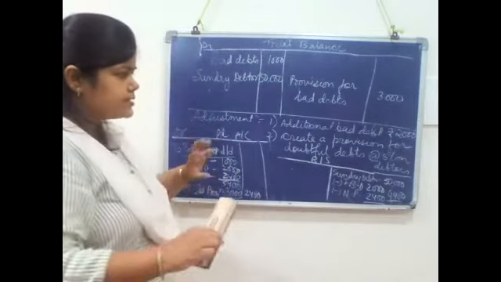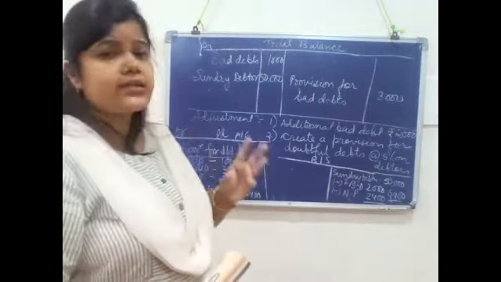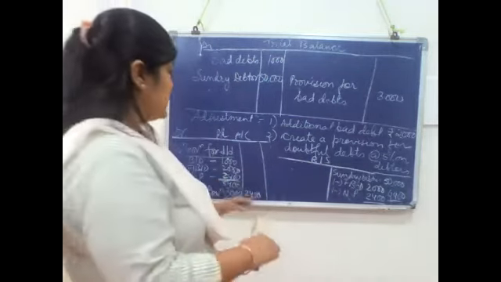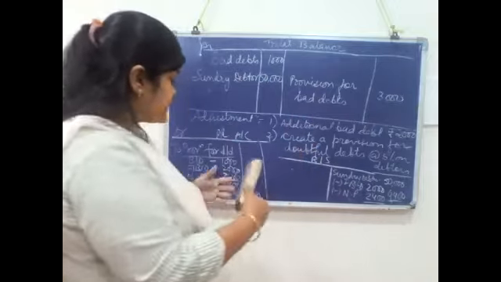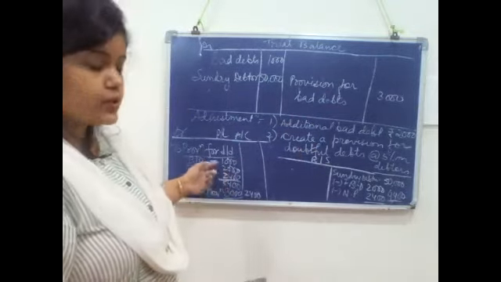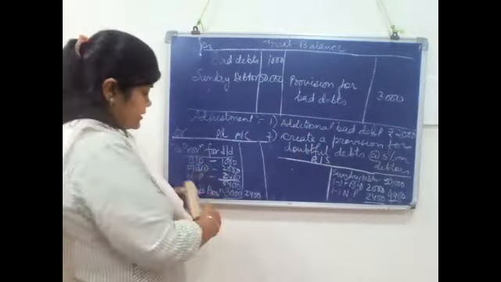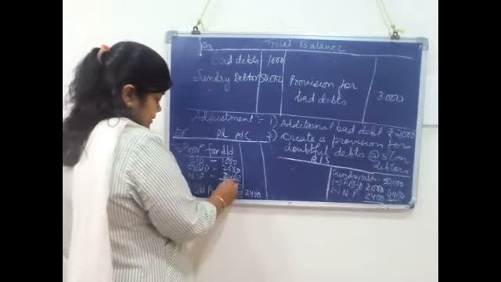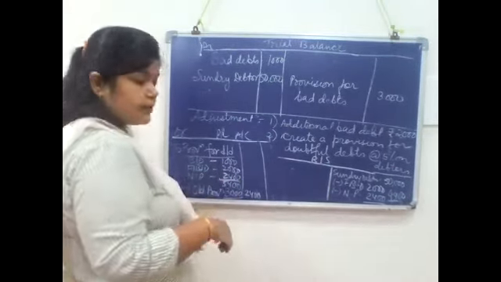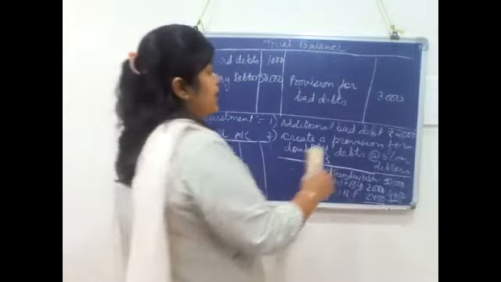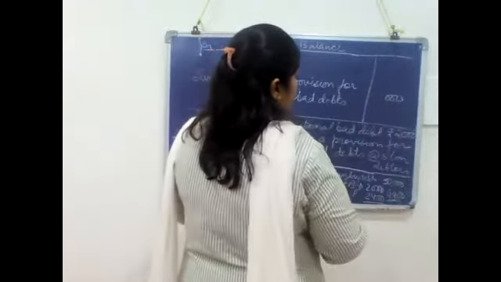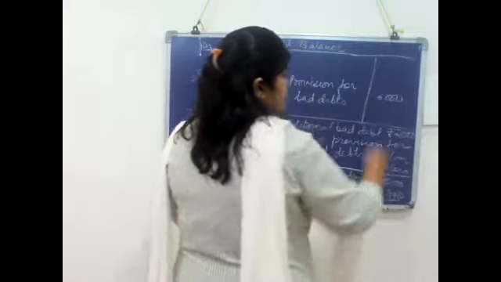Now there is a twist in the story. If the amount of old provision exceeds the total of these three amounts, that means suppose this year bad debts, further bad debts and new provision, our total requirement is 5400, and suppose last year the provision was rupees 6000.